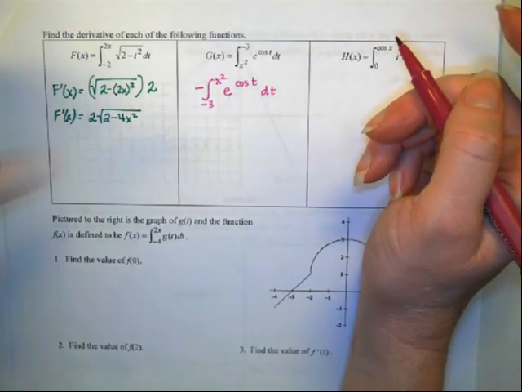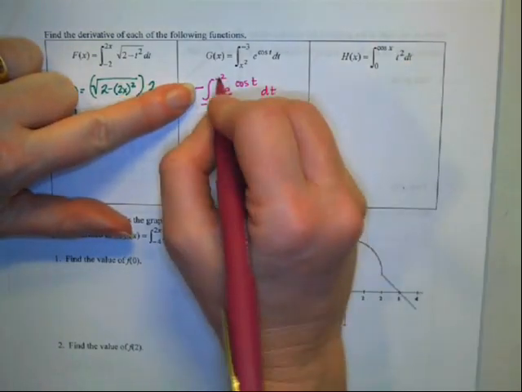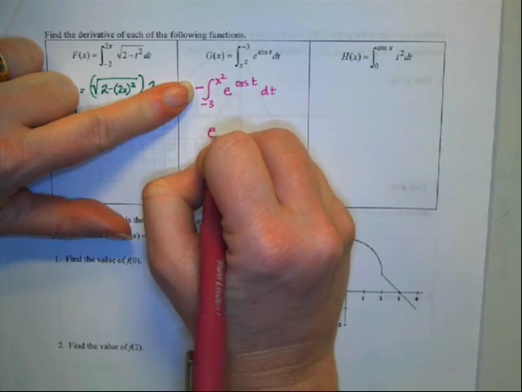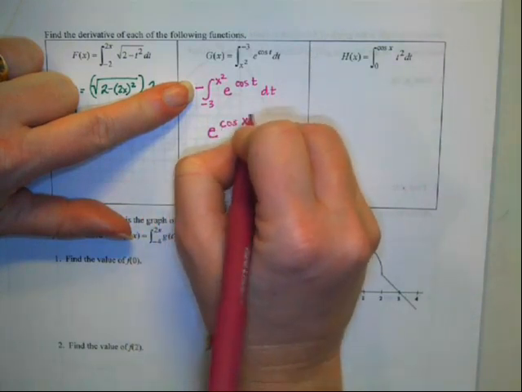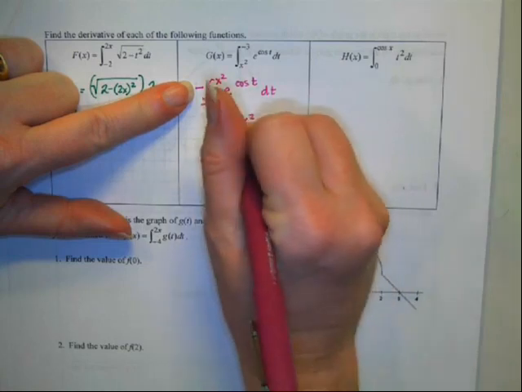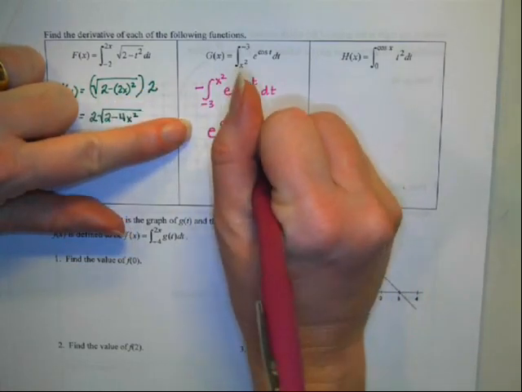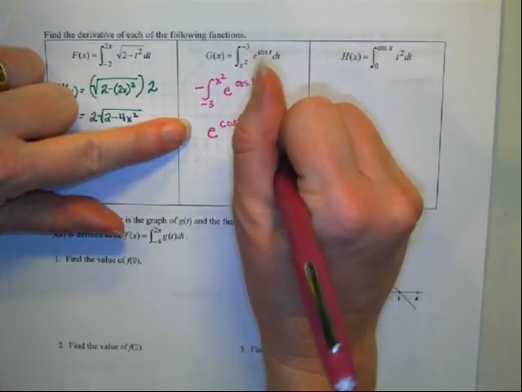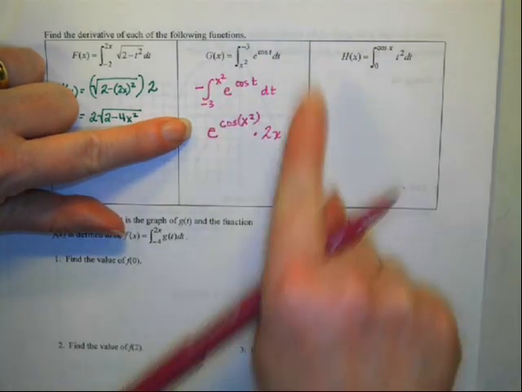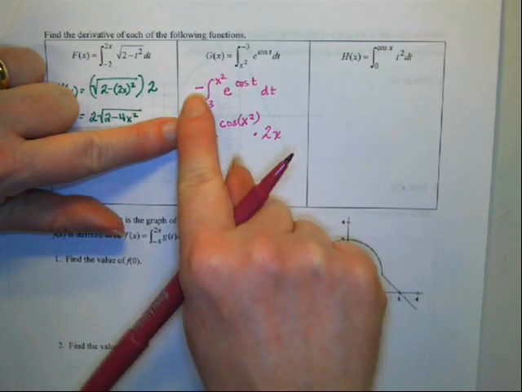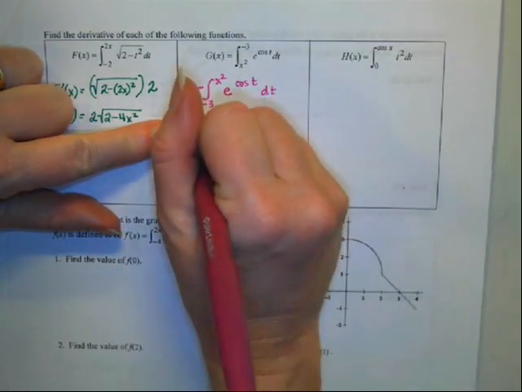Now we're plugging in. So I'm just plugging that in there, so that's going to be e to the cosine x squared times 2x. And the entire thing is negative, so I'm going to put the negative in front.